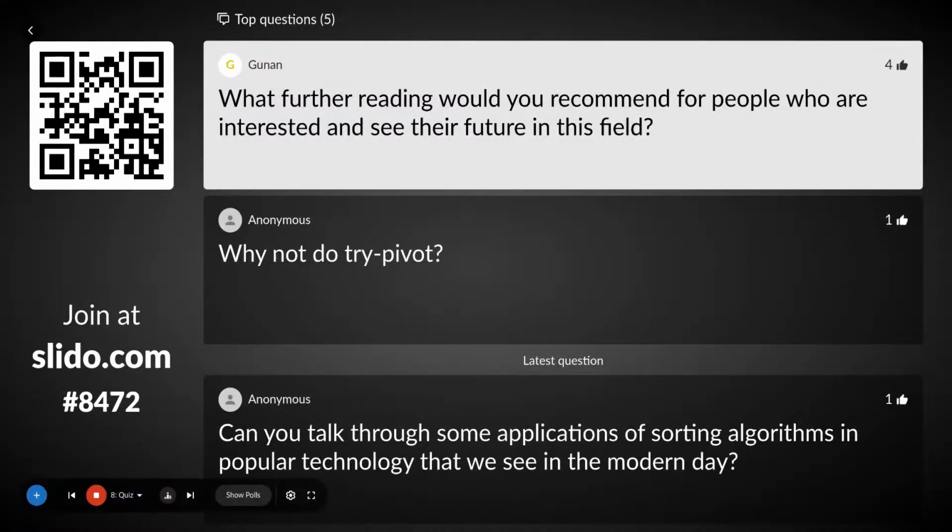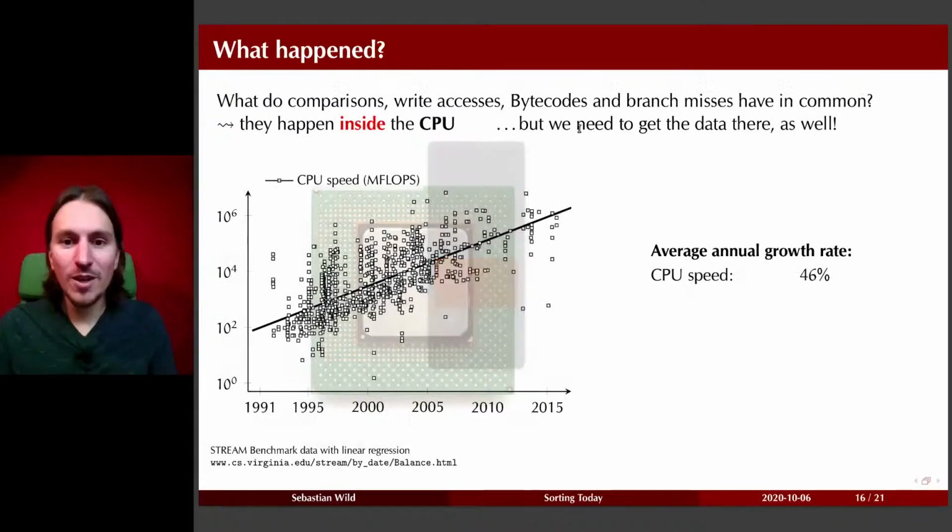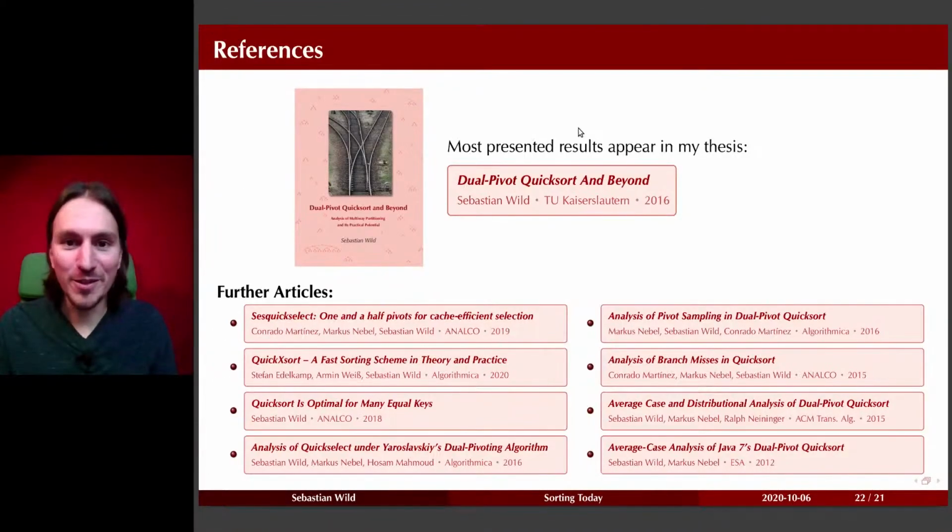Further reading for people who are interested and see their future in this field. Okay, I'll shamelessly point first to my own stuff. I've written a couple of papers on specifically Quicksort and its friends. Honestly, I wouldn't recommend you to start reading with those because these are research papers written for experts.